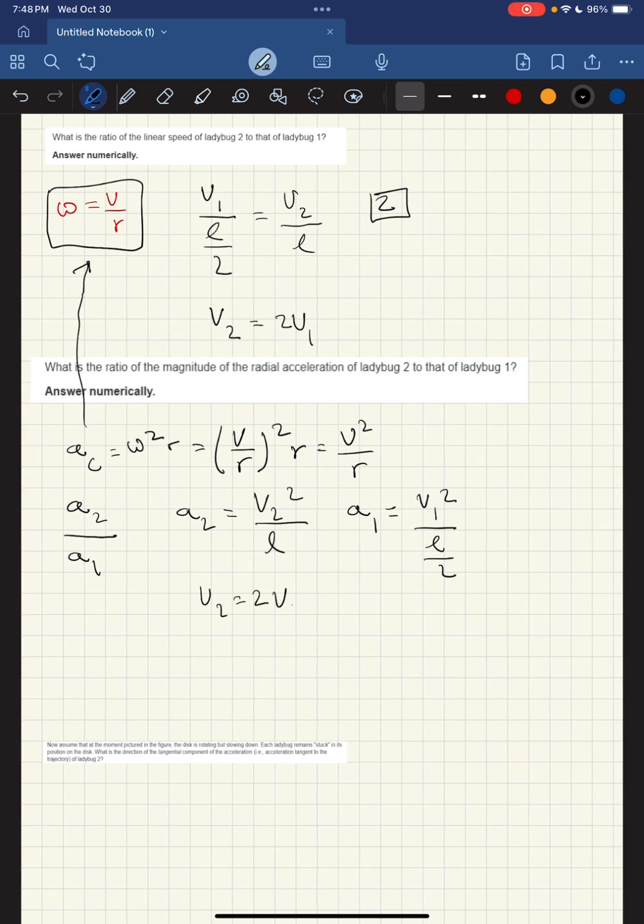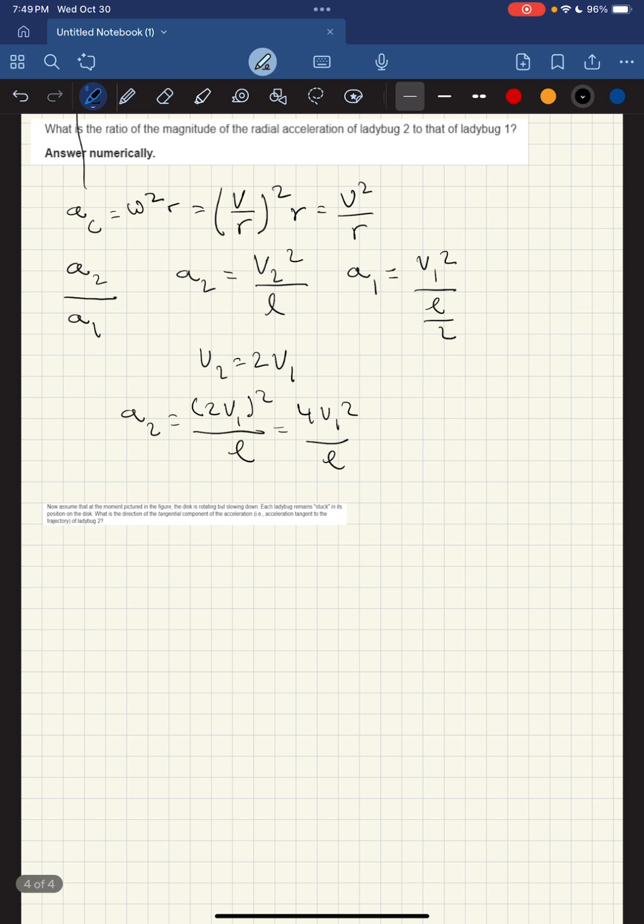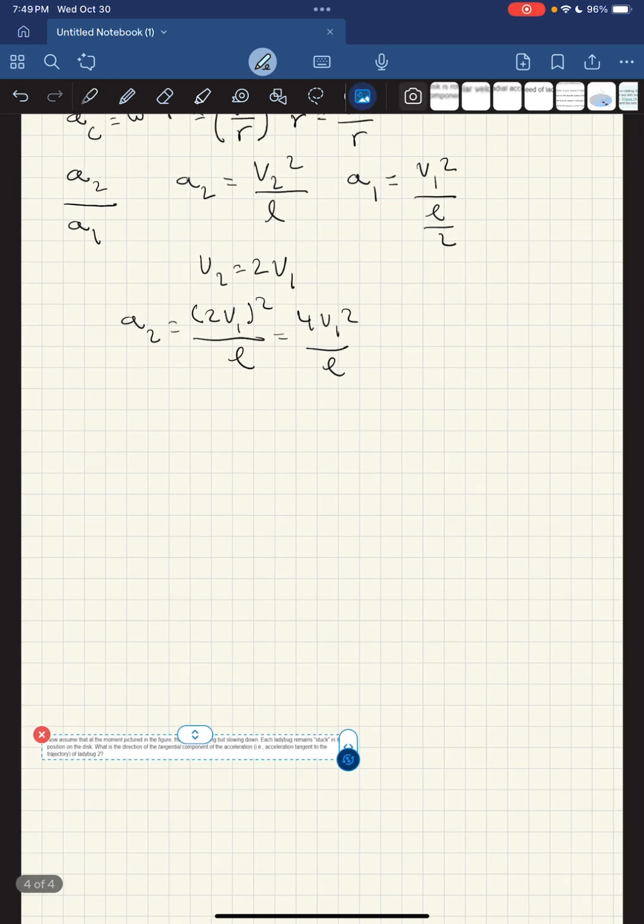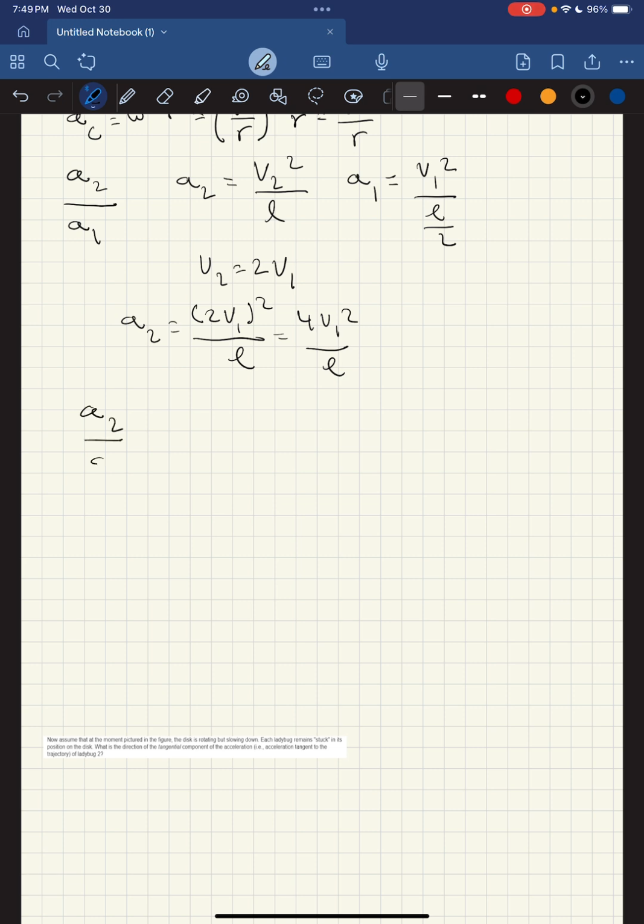Since v2 is equal to 2v1, we get 2v1 squared over L, which is 4v1 squared over L. Dividing a2 by a1, we get 4v1 squared over L over v1 squared over L over 2, which simplifies to 2, because the v1 squared terms and the L's cancel, and the 2 goes in the numerator.